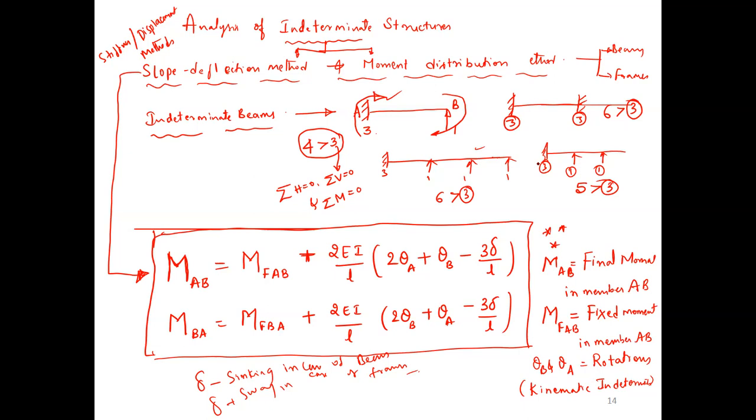But in this class we have taken a few more problems, and also discussed the relevant equations, and the difference between degree of freedom as well as kinematic indeterminacy. I hope you have got more knowledge with respect to analysis of indeterminate structures.